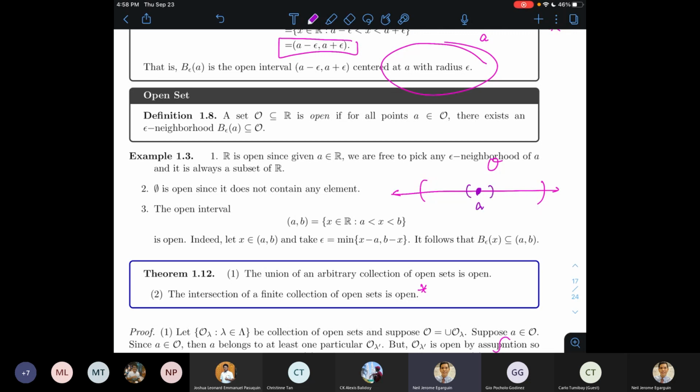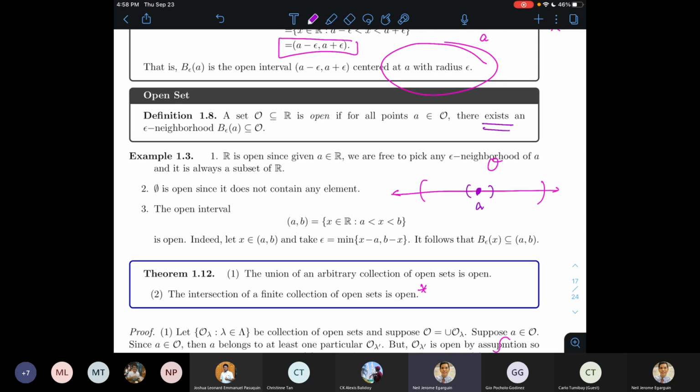Actually, yes, I can pick this epsilon neighborhood. And I don't need to have a big neighborhood kasi existence lang naman. Existence ng isang epsilon neighborhood that is properly contained in O. Of course, pag nilakihan niyo yung epsilon, posibleng mas malaki yung epsilon neighborhood kaysa kay O. Pero existence lang naman yung kailangan.